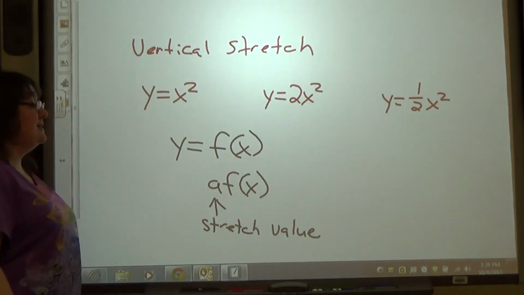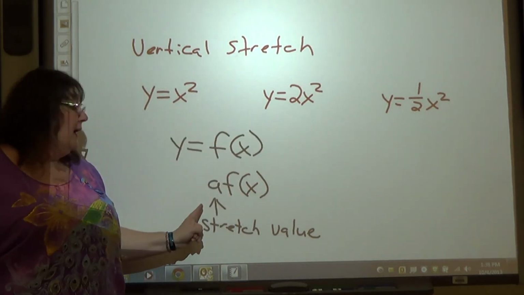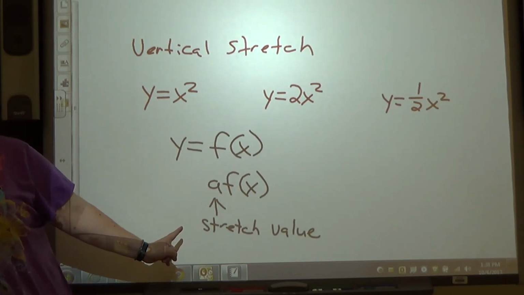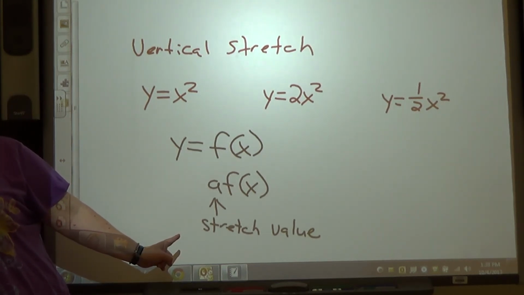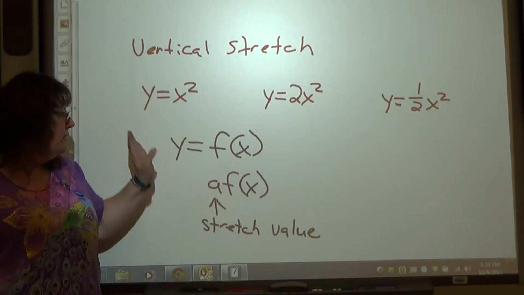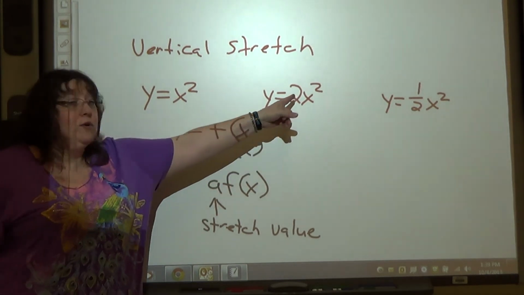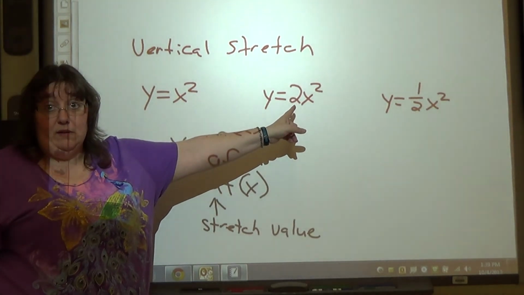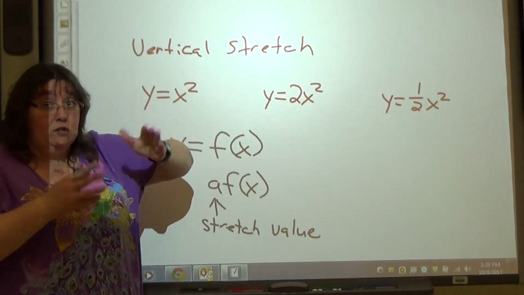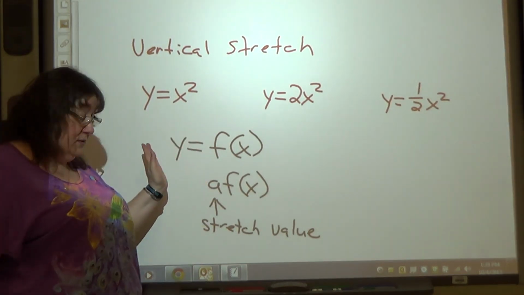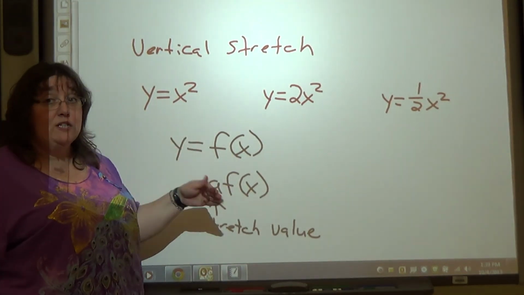All right? Because that'll tell you whether or not it gets bigger or smaller. All right? So don't let the notation fool you again. It's just saying, okay, I have a number in front of whatever I'm dealing with. Okay? Makes it taller, shorter, wider, narrower, right? That's all stretch value is about.